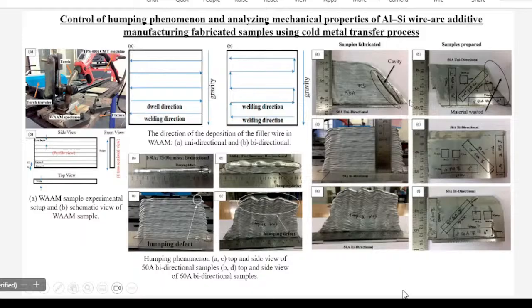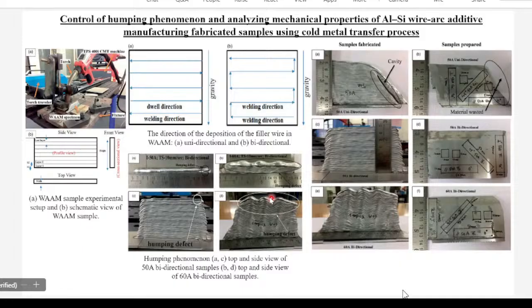You can see the shape of the single wall structure here, and the shape of this one. If we increase the current or the heat input values, we can see humps over here. This is also a defect in WAM. This is like a camel hump. Everyone has seen camels, and the camel hump is like this.